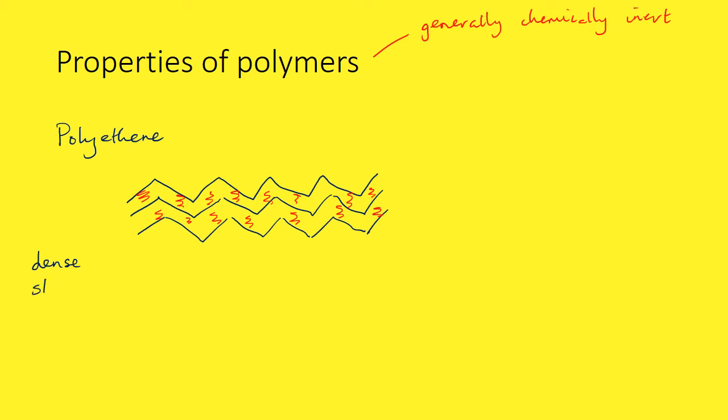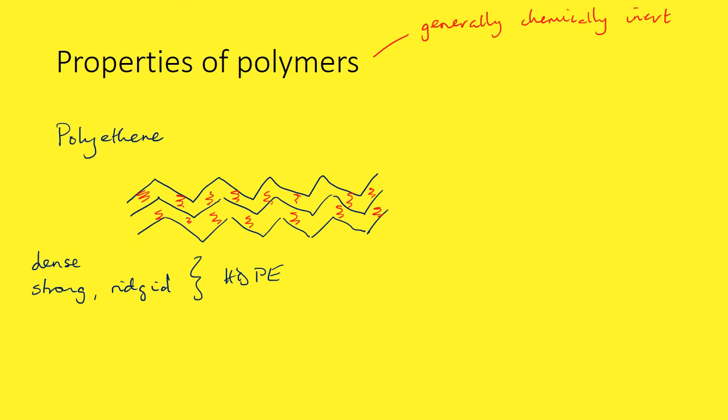So they're strong and rigid, and have a reasonable density. So this would be high density polyethylene, and that's the sort of plastic that, for example, your bins are made of. So if you can, think of a plastic bin in a lab or at home, it would be made out of high density polyethylene.